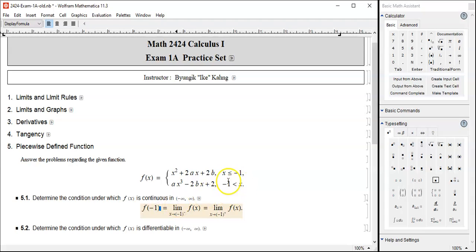But in this case, we have to consider only two lines. First line, these two. And the second line is the third quantity.